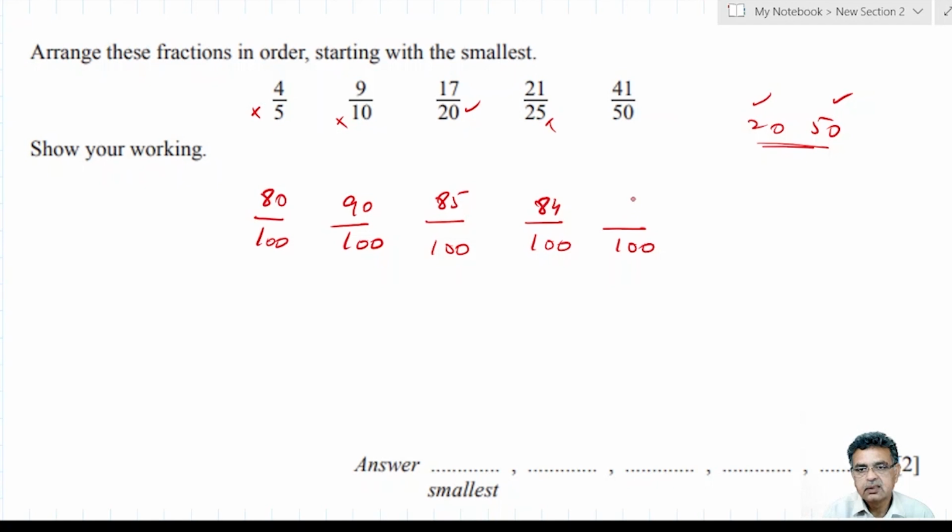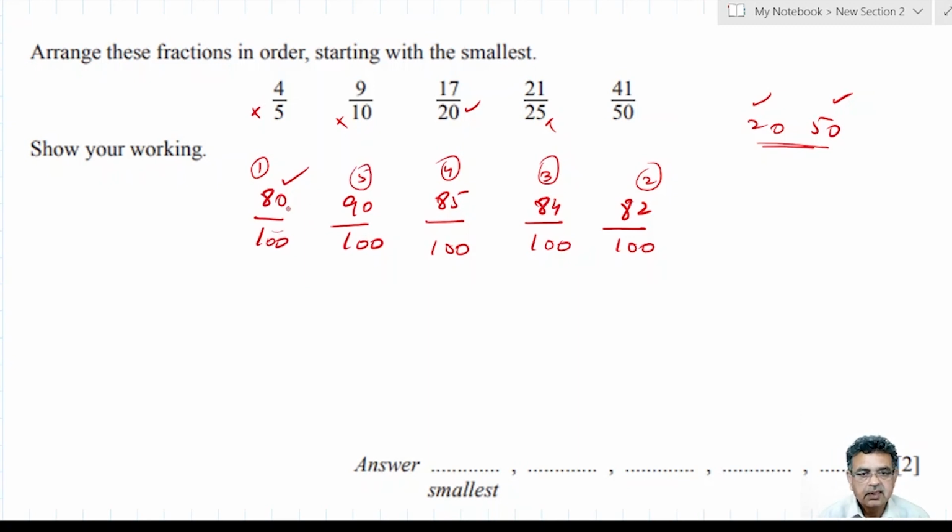Now this is 2 times, so that will be 82. Now the smallest among these is 80. This is number 1, smallest, then 82, then 84, 85, and the largest is this one.